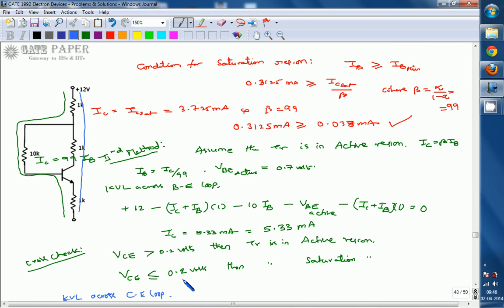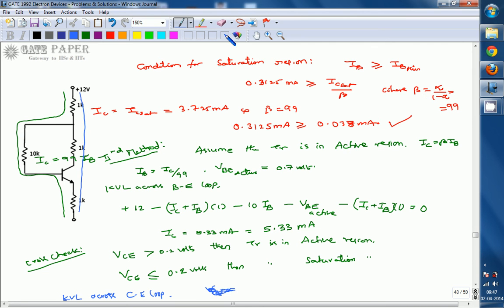From that one, as we have seen previously, we can write 12 volts minus 1 kilo ohm into (IC plus IB), plus 1 kilo ohm into IC, minus VCE, minus 1 kilo ohm into (IC plus IB) is equal to 0. From that one you can calculate VCE, and some negative value you will get.